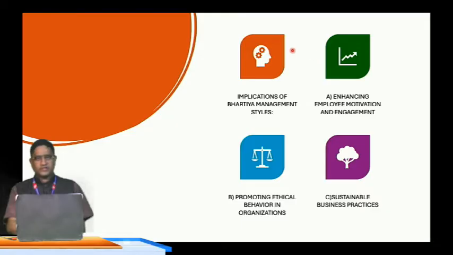Implication of the management styles would be enhancing employee motivation and engagement. So the workers working in the organization, and the executives or managers, would be practically applying this theory in their day-to-day life so that there would be enhanced employee motivation.